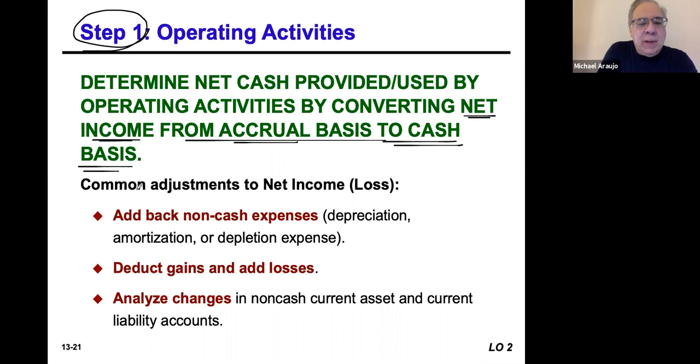So there's some common adjustments that you're going to be introduced to here. Okay. First thing is there are some non-cash expenses that are subtracted that we need to add back. Okay. So depreciation expense is the most common one. Some companies might have an amortization expense. Some mining and forestry companies might have a depletion expense as well.